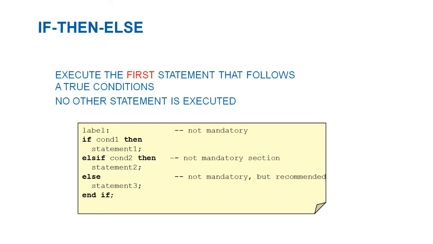When condition 1 is evaluated and is false, and condition 2 is evaluated and is false, we don't execute statement 1 and we don't execute statement 2. Then we go ahead and execute the statement following the else. The else is naturally not mandatory, but it is highly recommended because it can help us avoid latches in our implementations.